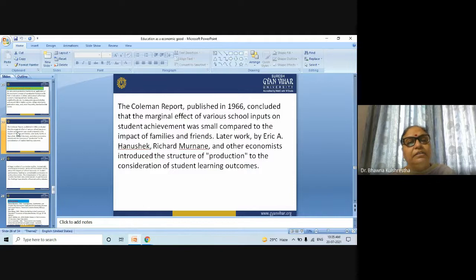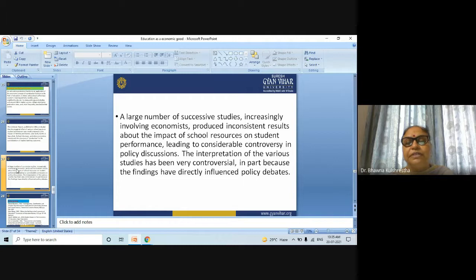A large number of successive studies, increasingly involving economists, produced inconsistent results about the impact of school resources on student performance, leading to considerable controversy in policy discussion.